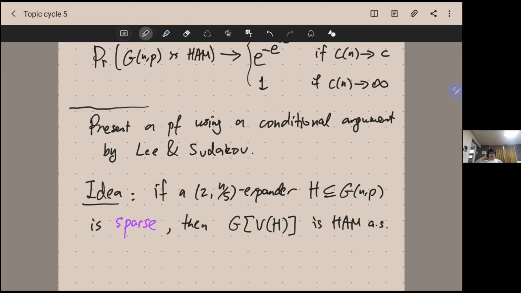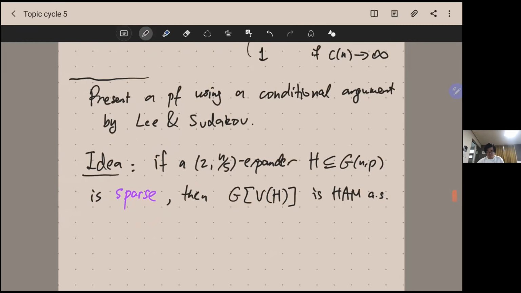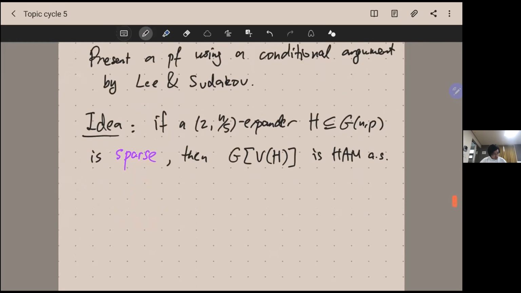Once again, I want to emphasize the difference. Before, what we did was find a large expander, and then do sprinkling. Now we don't do sprinkling at all. We just find an expander, but in addition, we want it to be sparse. If it is sparse, then on top of this expander, the random graph is Hamiltonian. Okay, that's the idea.